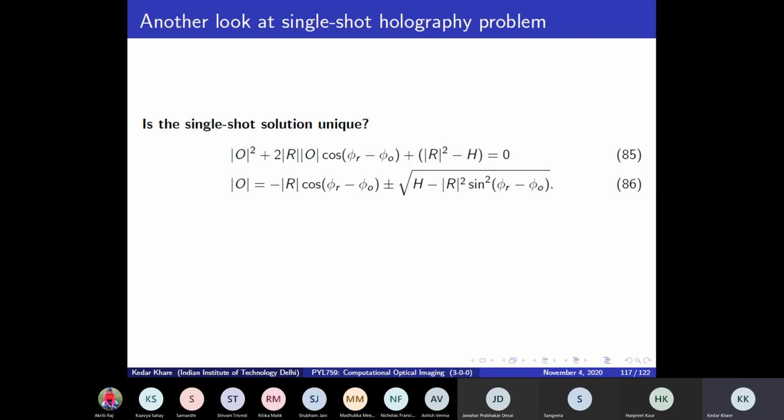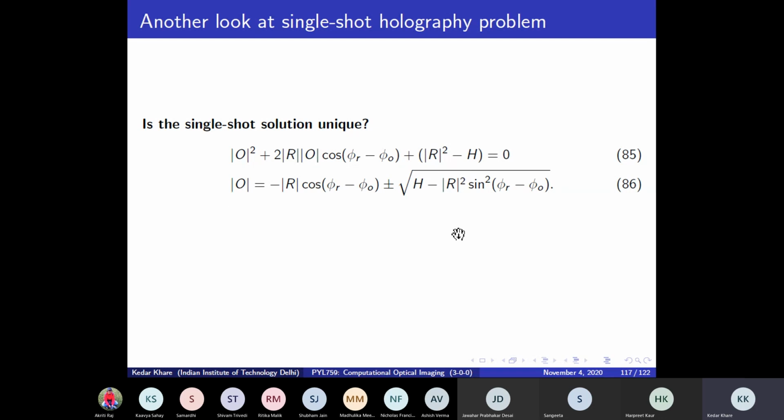And this solution works pixel by pixel independently. At a particular XY location, H will have some value, R will have some value, phi R will have some value, and then this equation will give you the magnitude of O at that particular pixel. So this equation can be run in parallel on all pixels.